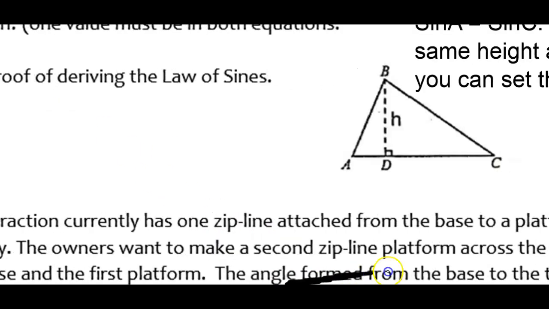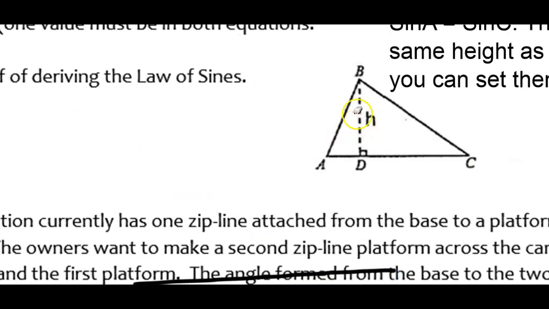Remember we said sine of A is h over side AB. By the way, let me relabel this real quick. I said this is side AB. I'm going to call this angle C, and this side C. And see how this over here is side BC, but it's opposite of angle A. So we're going to call that little a.